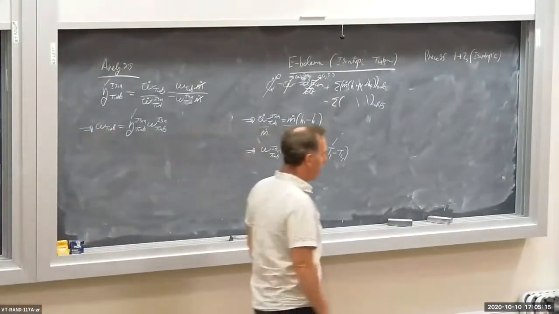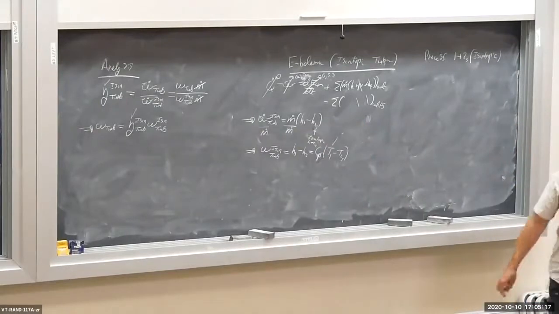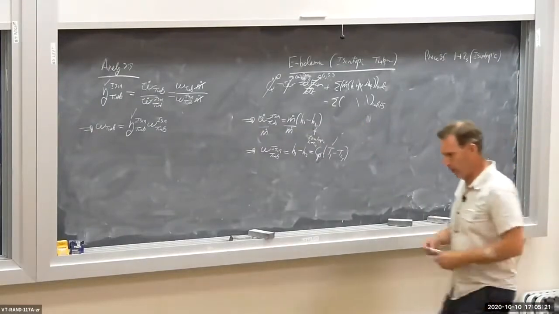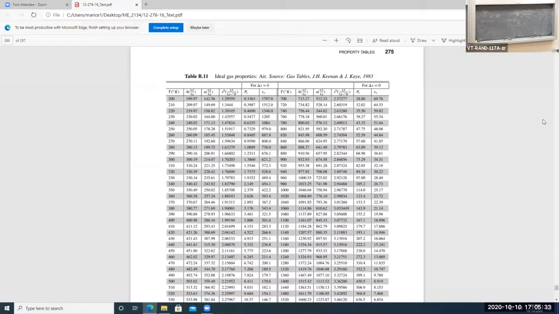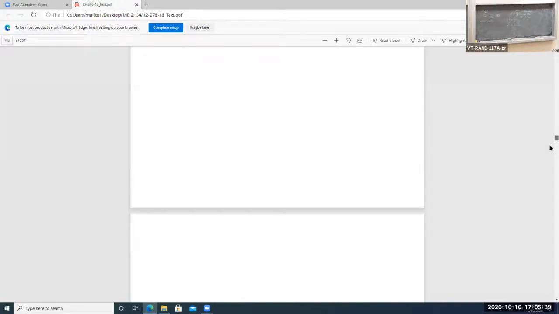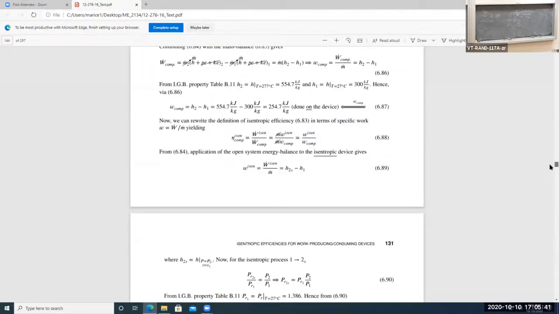So for constant specific heats, I can go to a property relationship. Let's see if I can pull out a property relationship for constant specific heats. Let's see if we can find that table, 6.2.